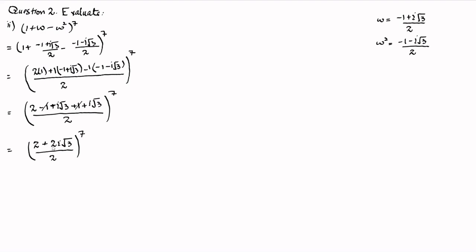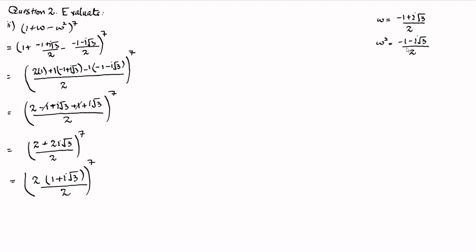Now 2 is common in the numerator, so taking out 2 common, we have 2 times 1 plus iota square root 3 divided by 2 and whole power is 7.